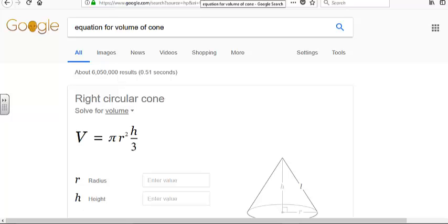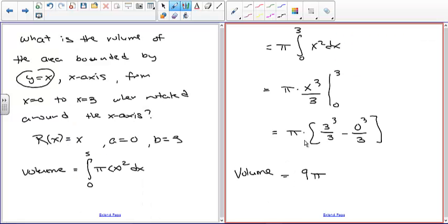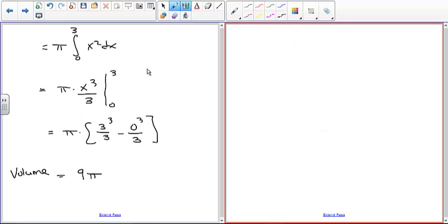And I could have worked this problem out, instead of going from 0 to 3, I could go from 0 to h. Actually, let's just do that. So let's generalize it. Let's derive this equation, which you've seen before. I'm just going to do the same thing we had here, except this is h of the cone.